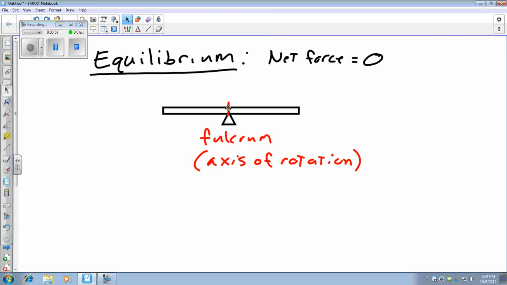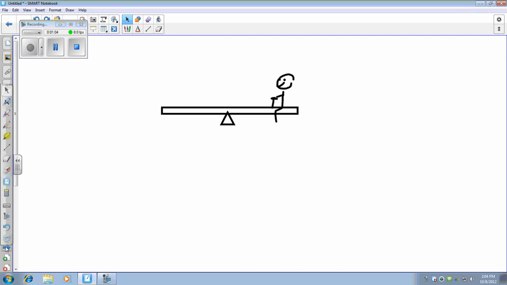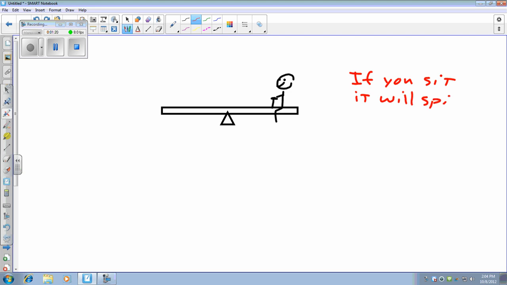Now, seesaws are often used on playgrounds. So, for example, if you sit down on this seesaw, what will happen? If you sit, it will spin. I don't think that's really hard to imagine.